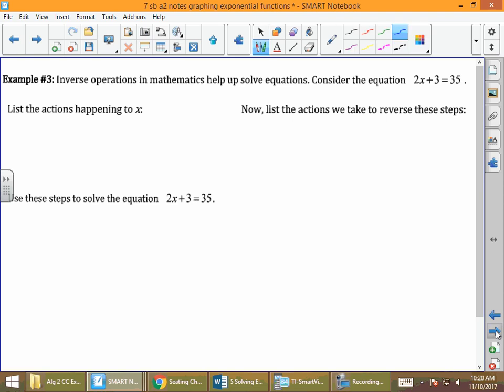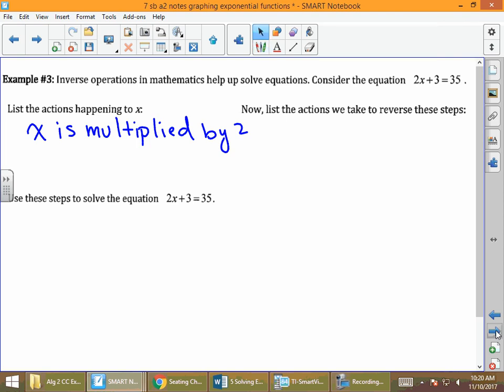And really, here's the actions. x is multiplied by 2. That's one thing that's happening to x, multiplied by 2. And then the other thing that's happening to x is that we're adding 3.